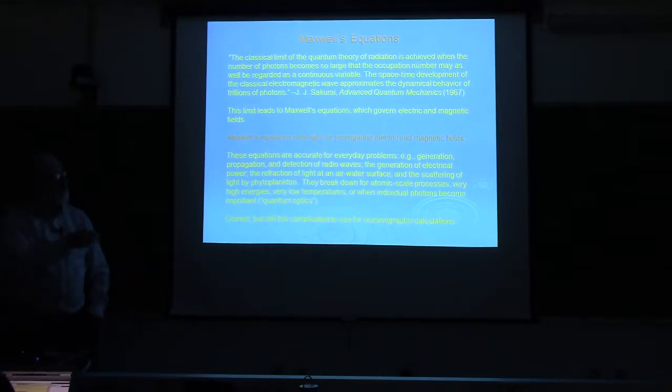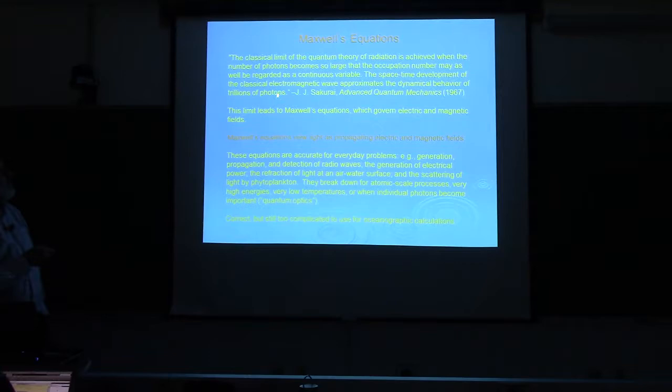This fellow here says the classical limit of quantum theory is achieved when the number of photons becomes so large that you basically have a continuous ocean of photons, and the space-time development of a classical electromagnetic wave approximates the behavior of billions and billions of photons.